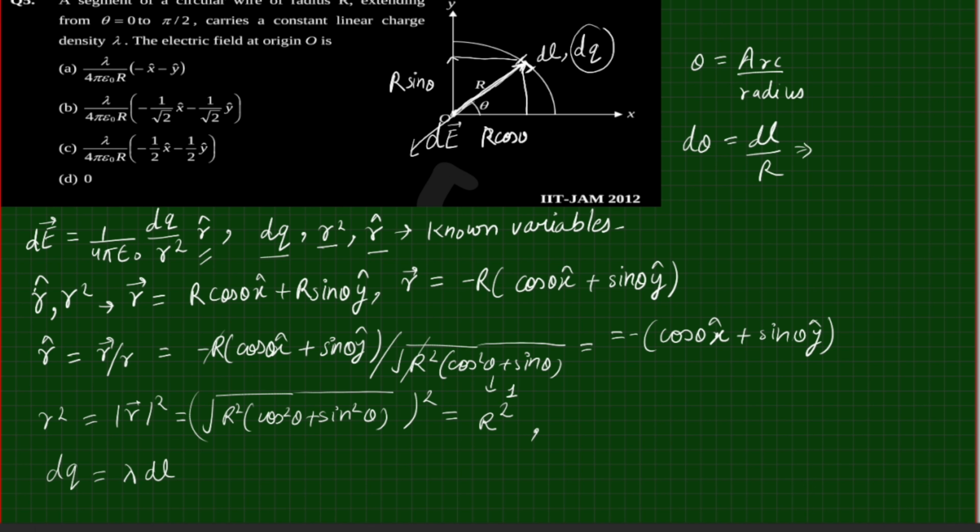So from here dl is r d theta, so dq will become lambda into r into d theta.